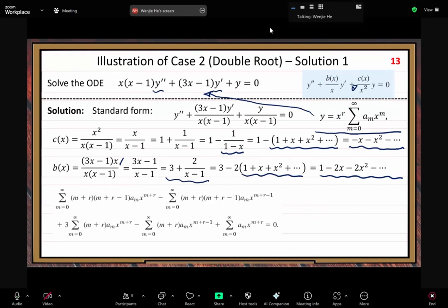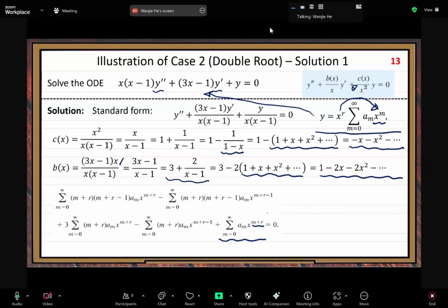You multiply through, x to the r, inside you combine with each x power term. In that way, you can see this is the y. The exponent becomes m plus r. That's the y.